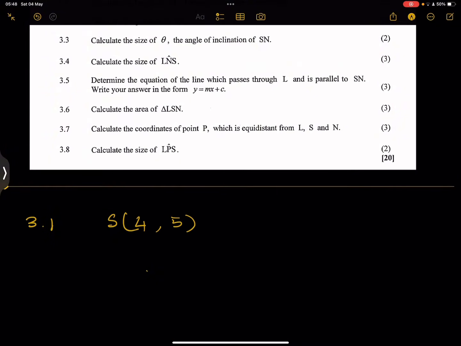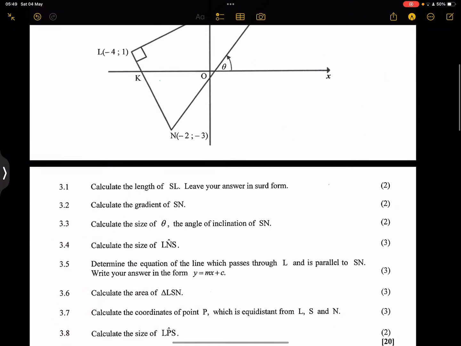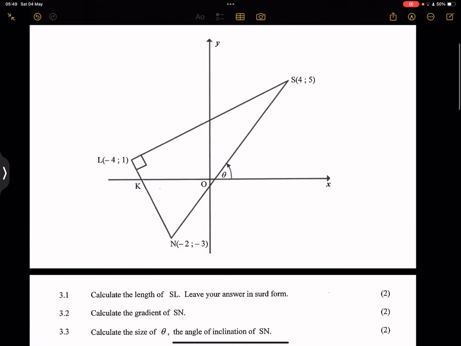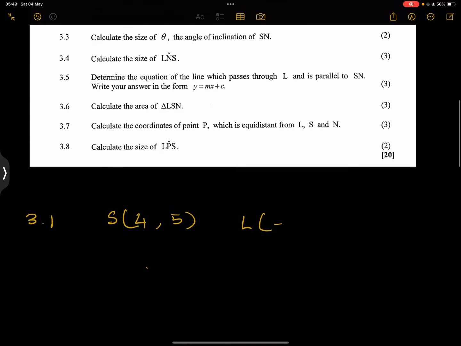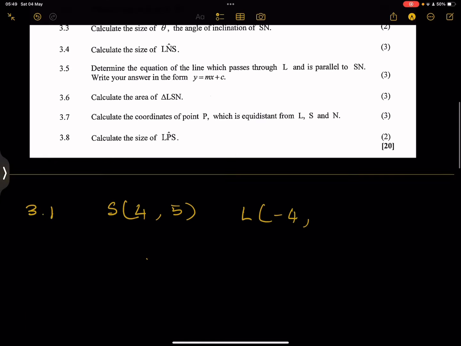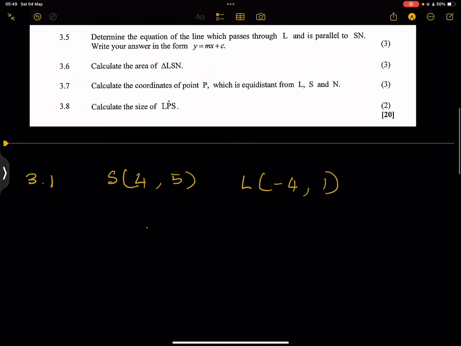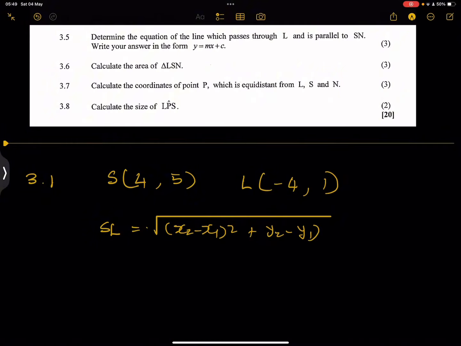And the coordinates of L are (-4, 1), that's in the second quadrant. So the distance SL would be the square root of (x2 minus x1) squared plus (y2 minus y1) all squared.